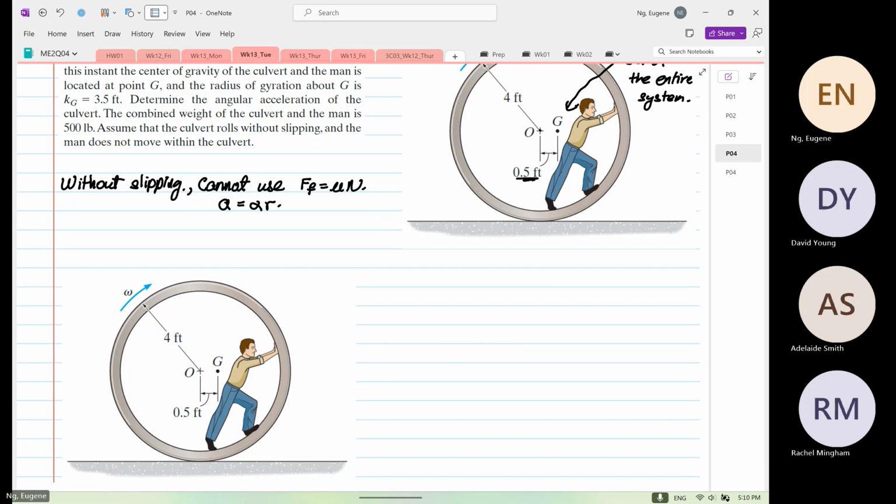Okay, good to use. Now, it does not mean without slip there's no friction. I repeat again, it does not mean without slip there is no friction. Okay. So let's look at the free body diagram first.